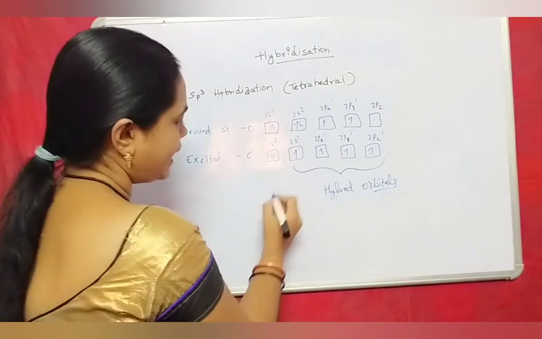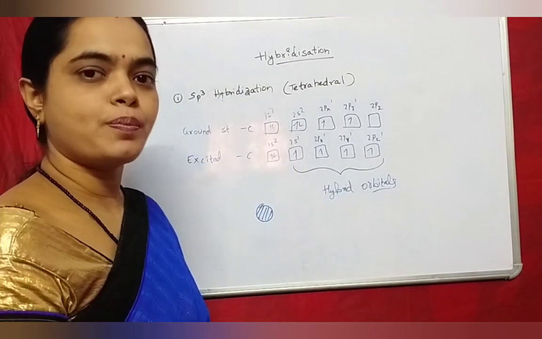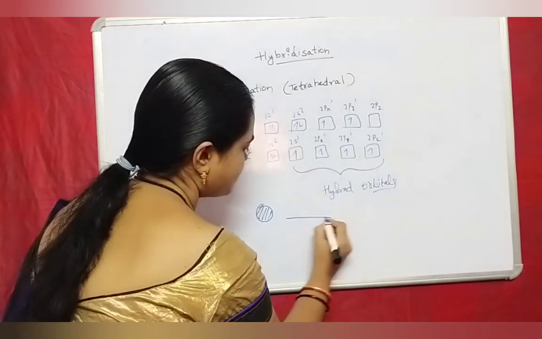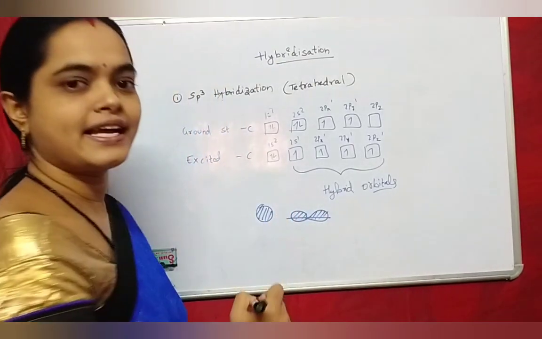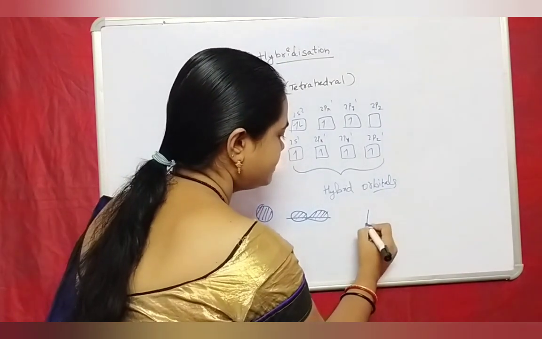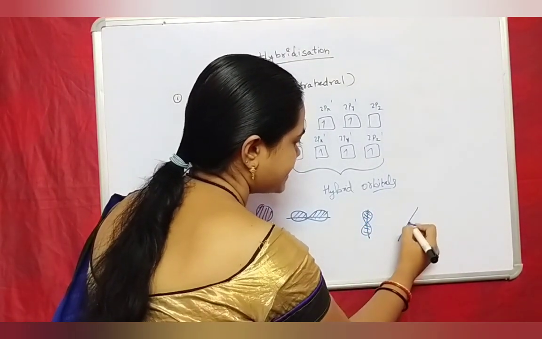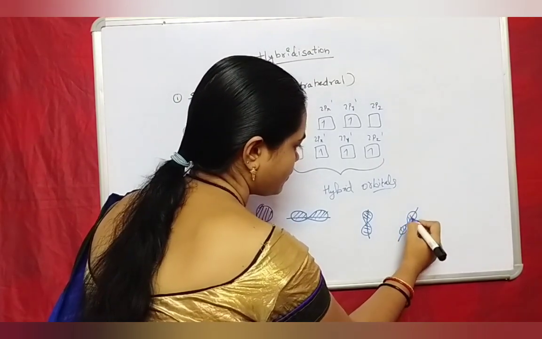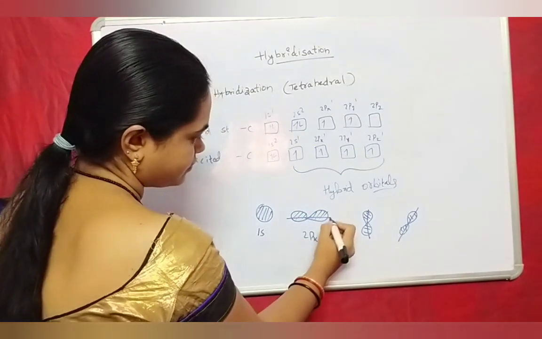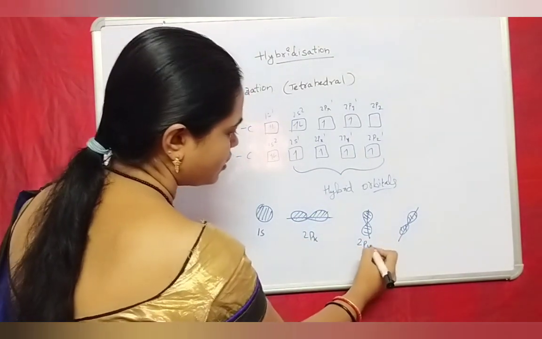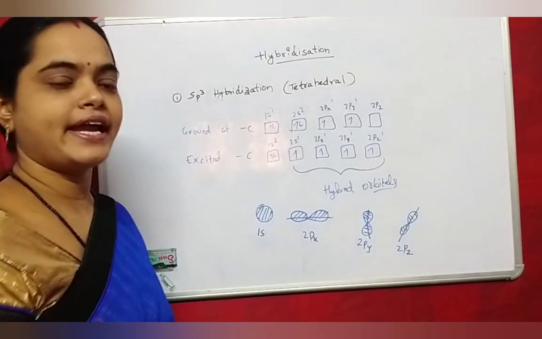As you all know, s is spherical in shape, while 2px, 2py, 2pz are double dumbbell shaped. 2px is along the x-axis, 2py along the y-axis, and 2pz between the x and y-axis.